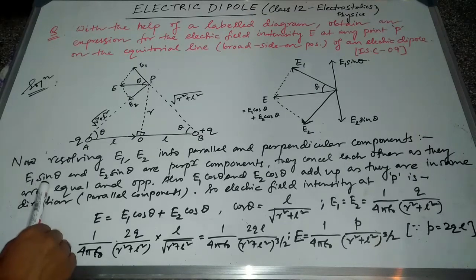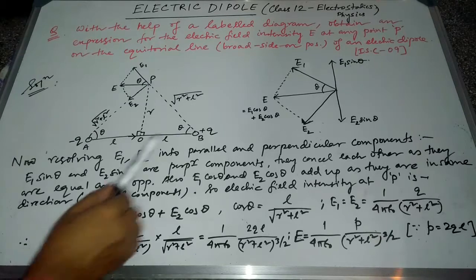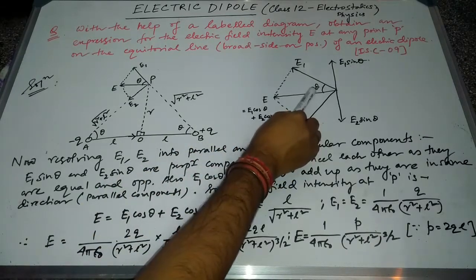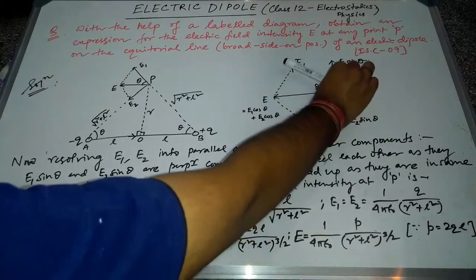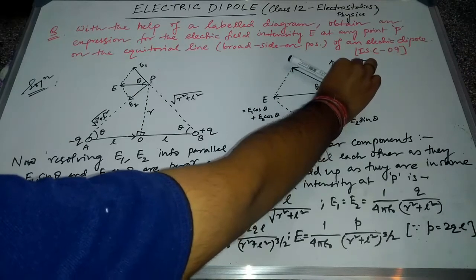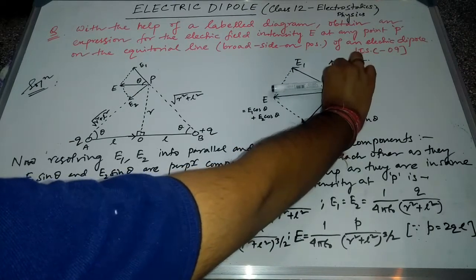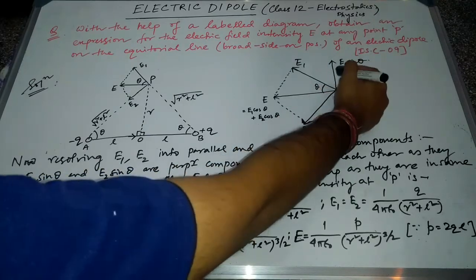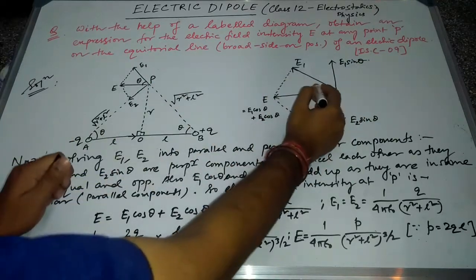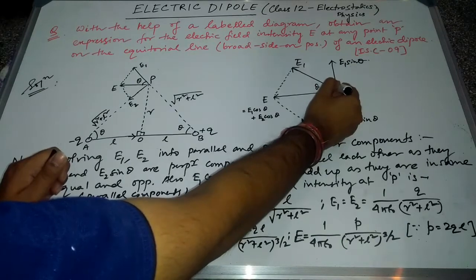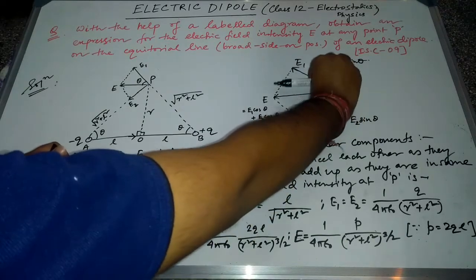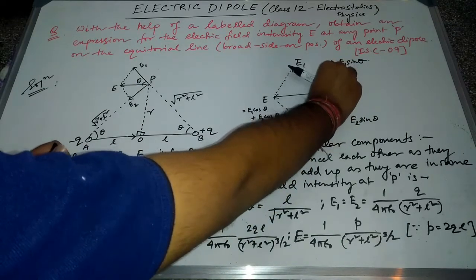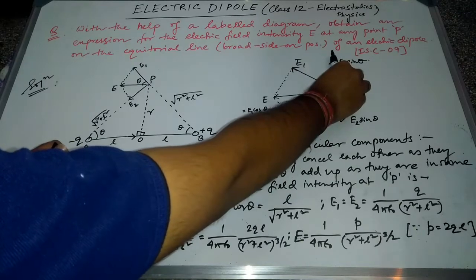So E1 sine theta and E2 sine theta, this angle is theta, this angle is theta. Towards the angle gives me the cosine component and away from the angle gives me the sine component, as this is theta, this is theta, this is 90 minus theta. So E1 cosine theta and E1 cosine 90 minus theta gives me sine theta.